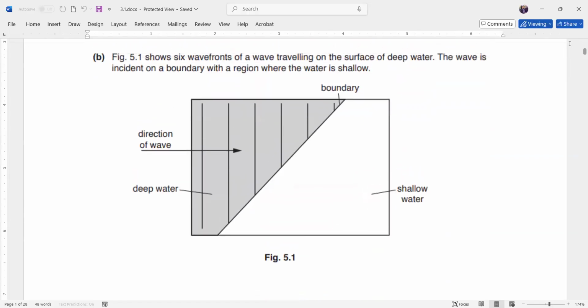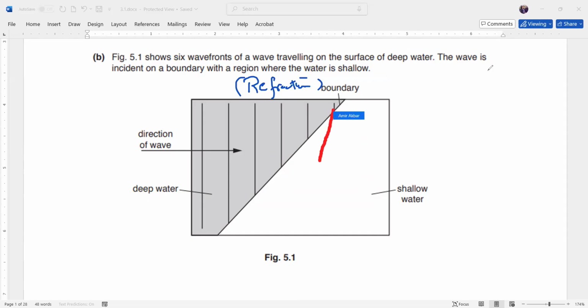This is a refraction. Figure 5.1 shows six wavefronts traveling on the surface of deep water. The wave is incident on a boundary with a region where the water is shallow. So the wave is traveling from deep to shallow, meaning the medium changes. What property are we studying? Refraction. Now, if I want to draw the wavefront, how will it look? You can annotate on the screen.